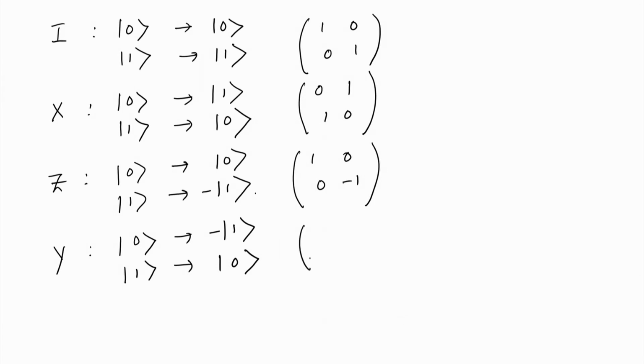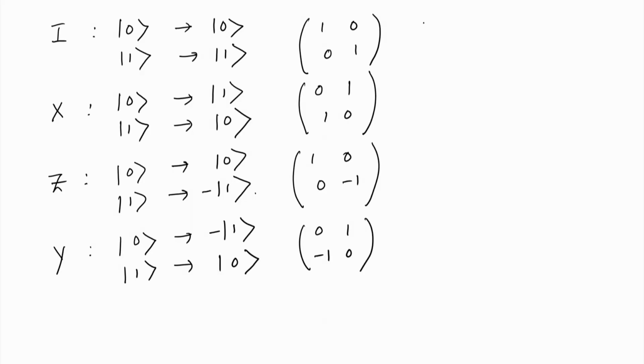So, this is nothing but equal to 0 1 minus 1 0. So, this is almost like the sigma y, the y component of the Pauli matrix, excepting for a lack of an imaginary i. So, all these things are unitary, which can be checked individually.